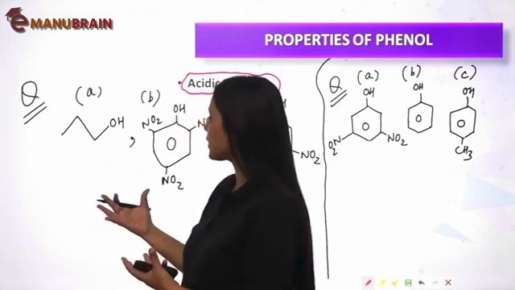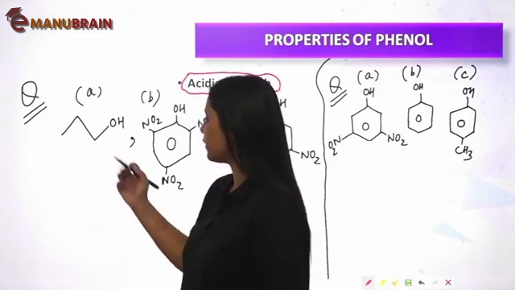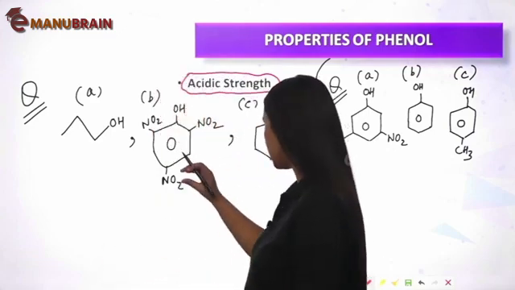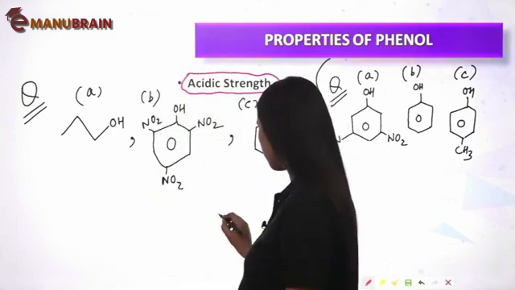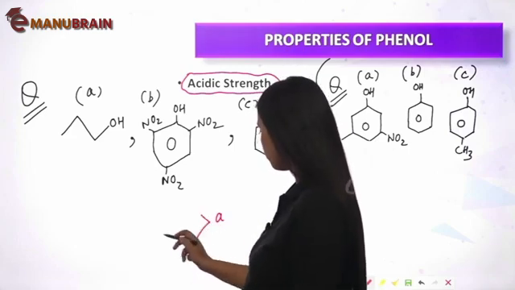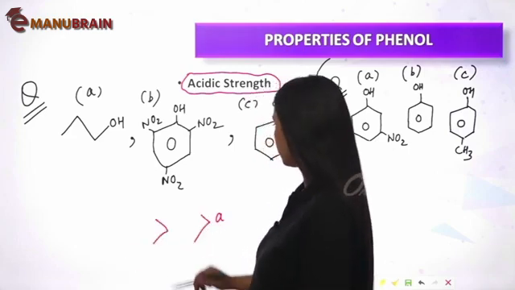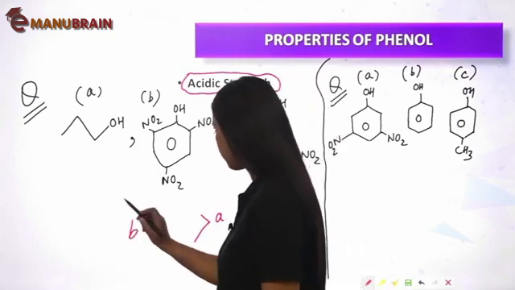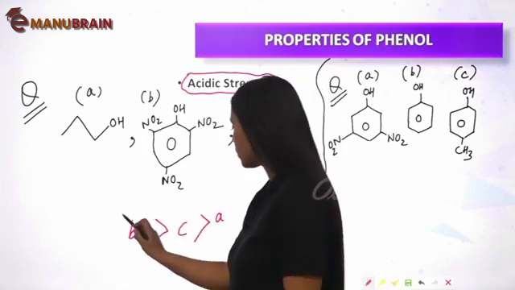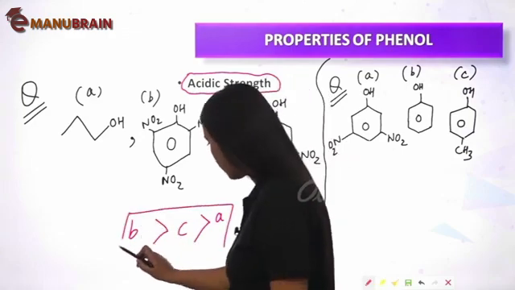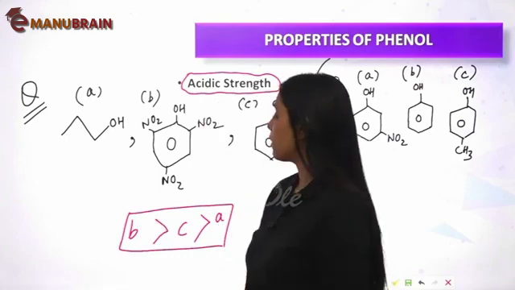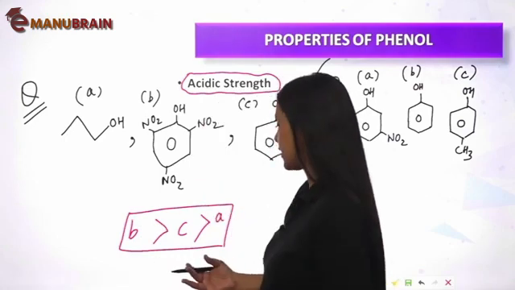So the least acidic will be this A, right? So if we are making a decreasing order, we will always put this A in the last, and this B will come first and then this C will come. So this is our order of decreasing acidic strength, that B is most acidic.